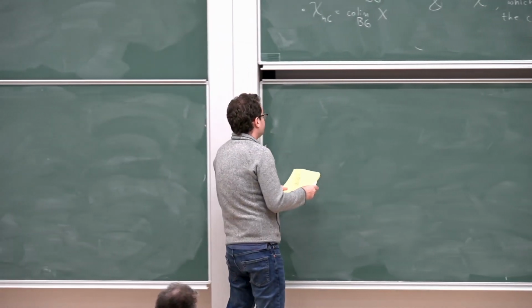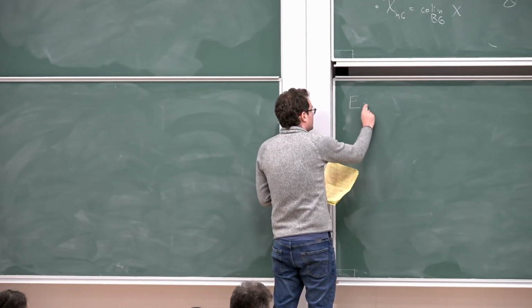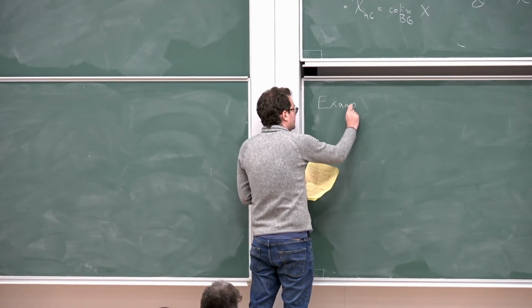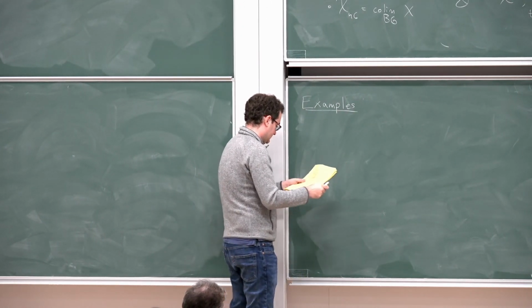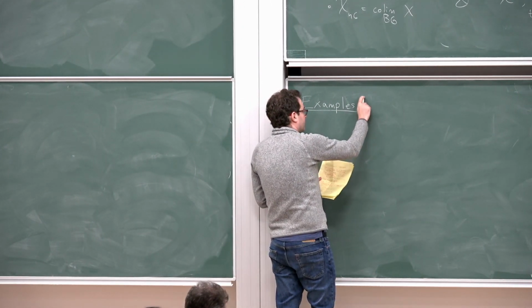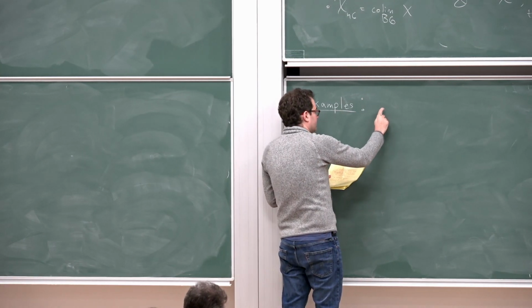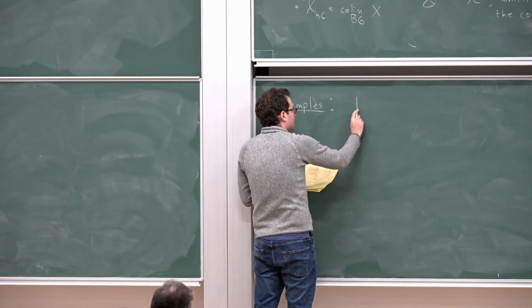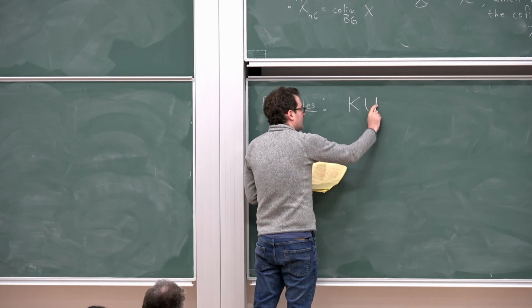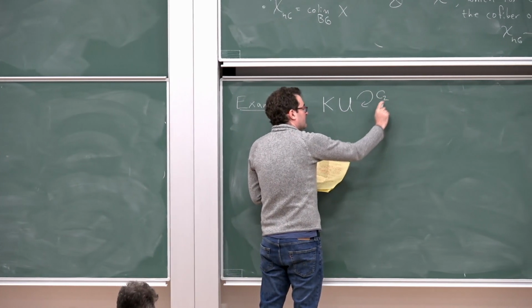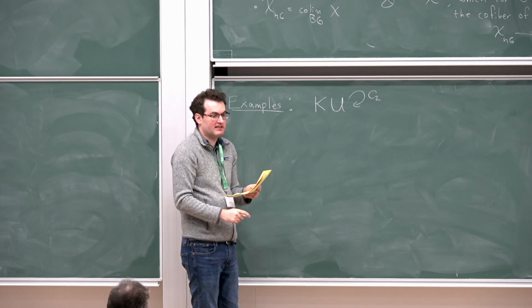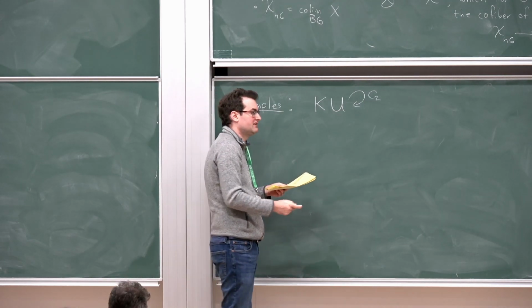So this kind of definition came up for me as a student when I was learning about some specific examples that are of great interest in chromatic homotopy theory. So maybe the most basic is KU with its action of complex conjugation, which is an action of this cyclic group of order 2.